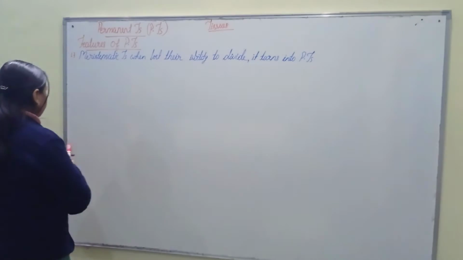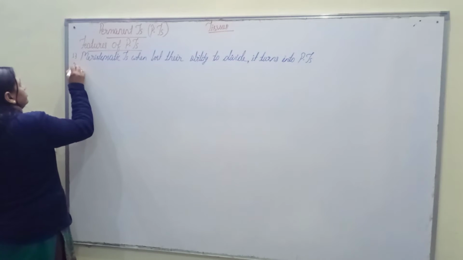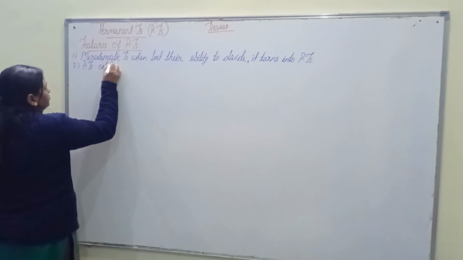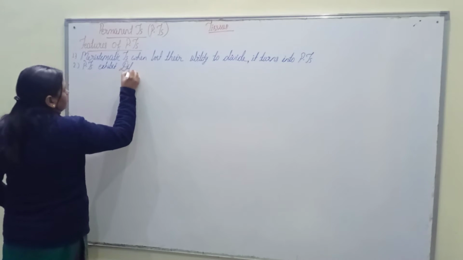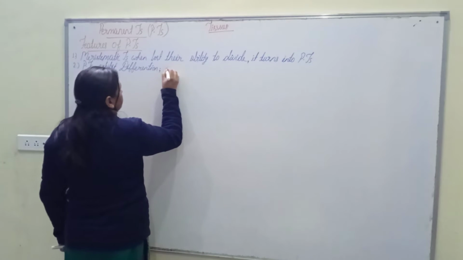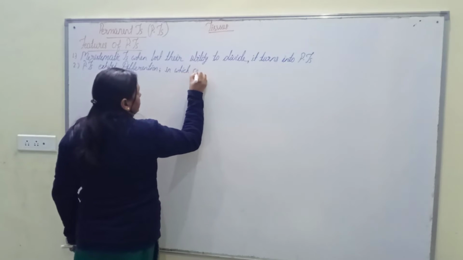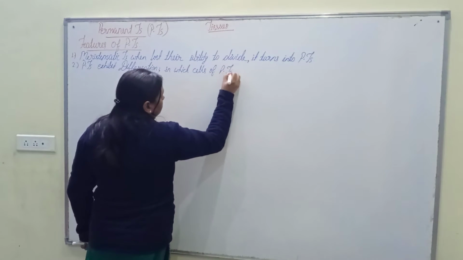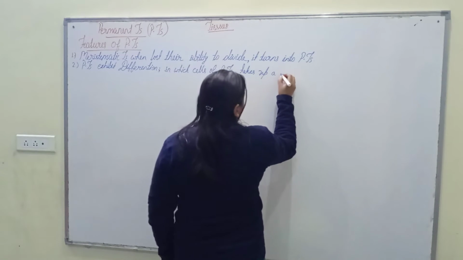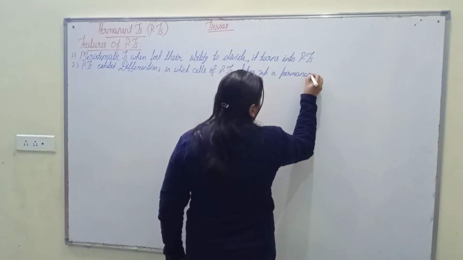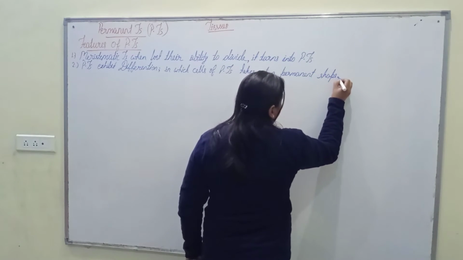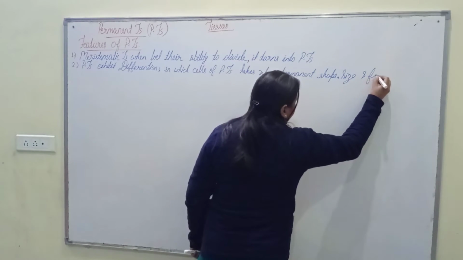So this is called the differentiation process, and permanent tissues exhibit the differentiation process, in which cells of permanent tissues take up a permanent shape, size and function.